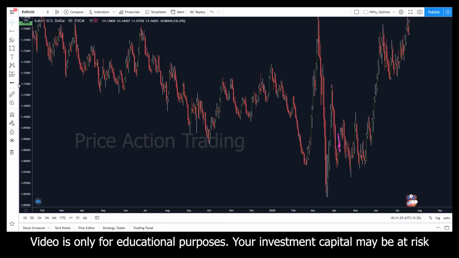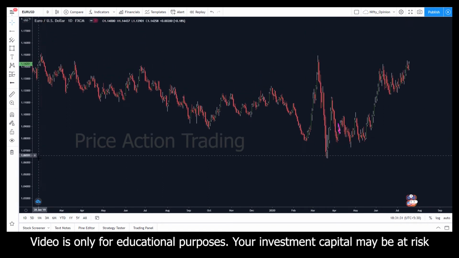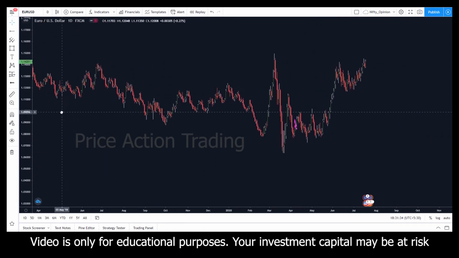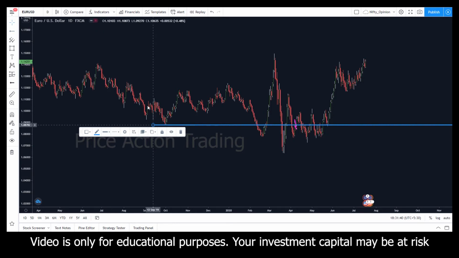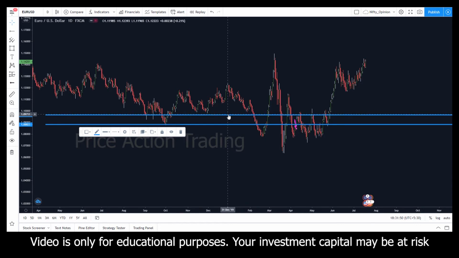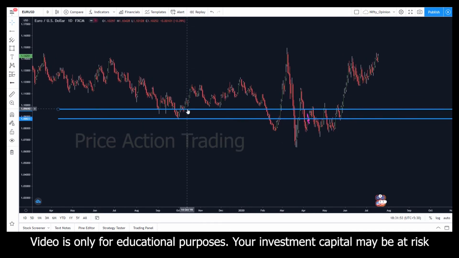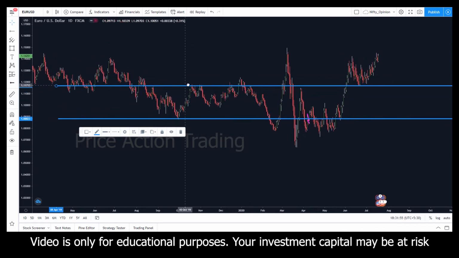We have zoomed out. Now let's start marking. I see a level here. Again, I see a level here. This is also a level.